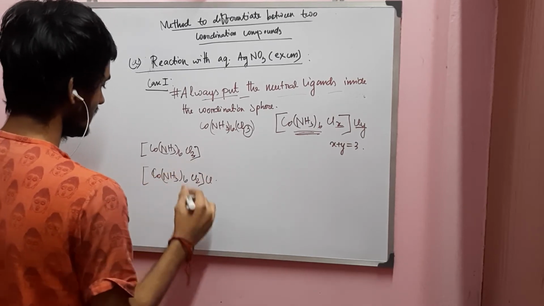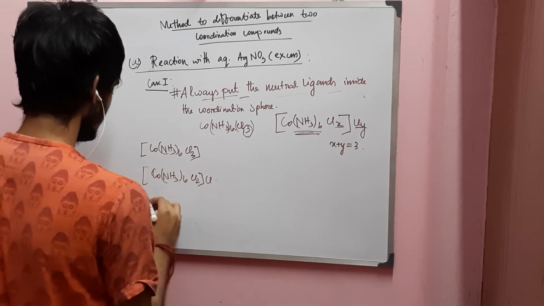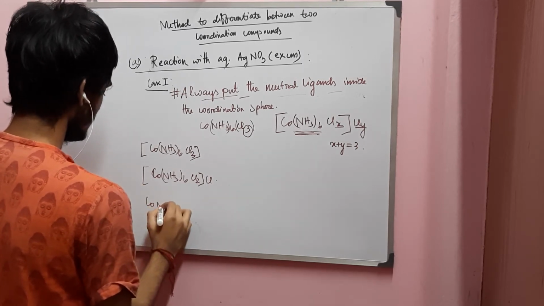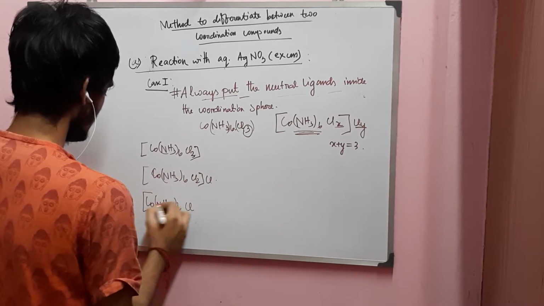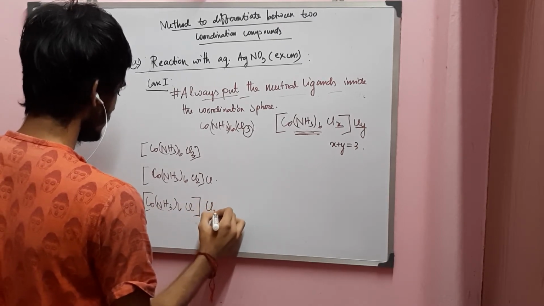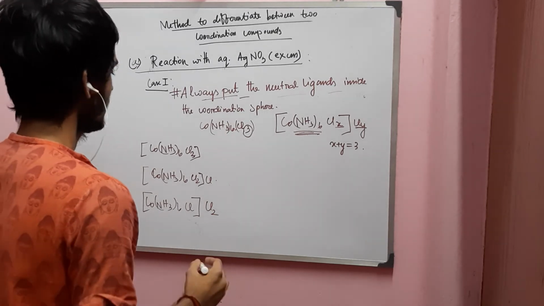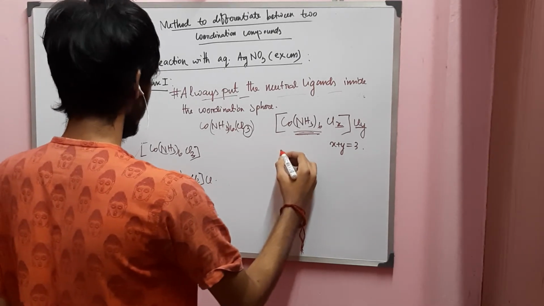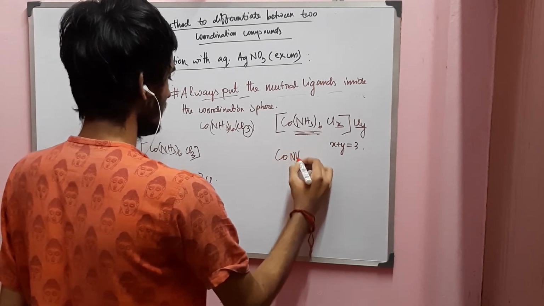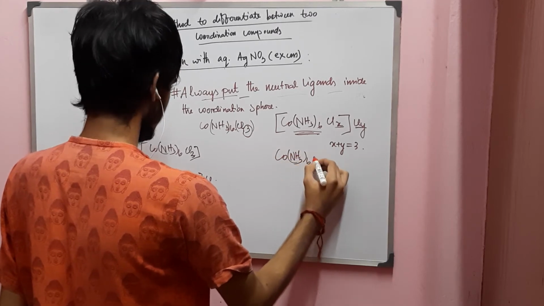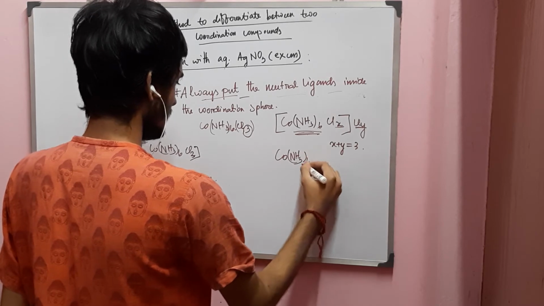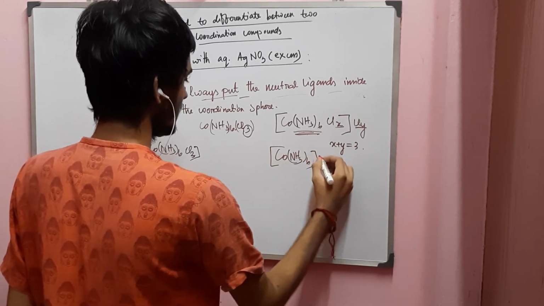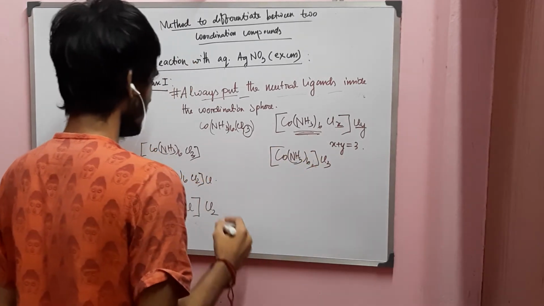The next one is [Co(NH3)6]Cl with two Cl atoms outside the coordination sphere, and the next one is [Co(NH3)6] with all three Cl atoms outside the coordination sphere.